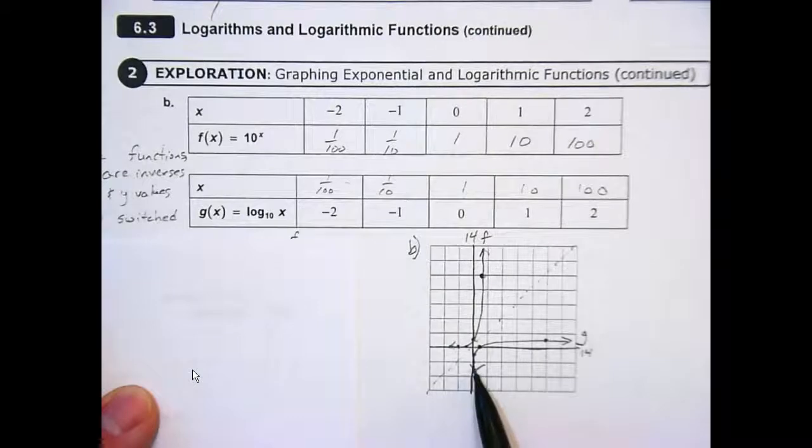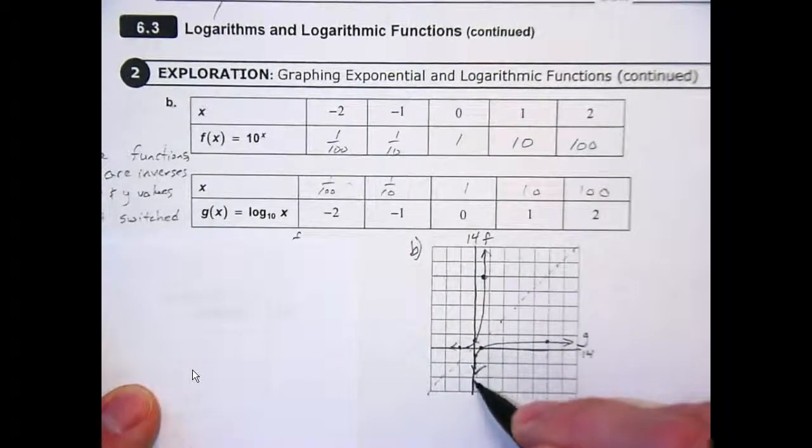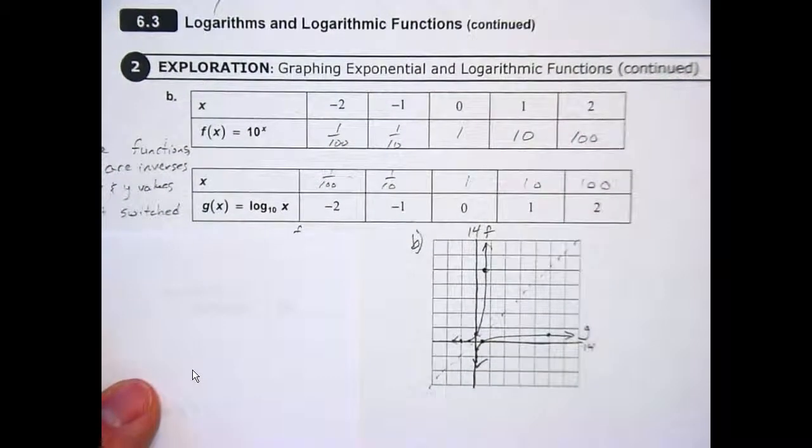So right here, it'll keep getting smaller. It'll get infinitely close. It just won't go over that line. So there will be an arrow here. It'll just ride next to that line forever. Yeah. Okay, other questions?